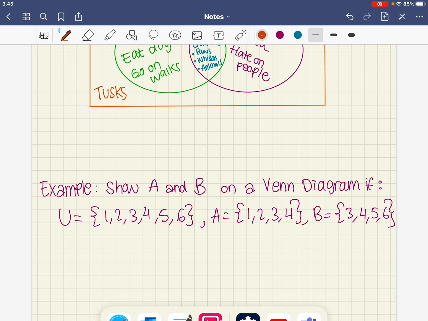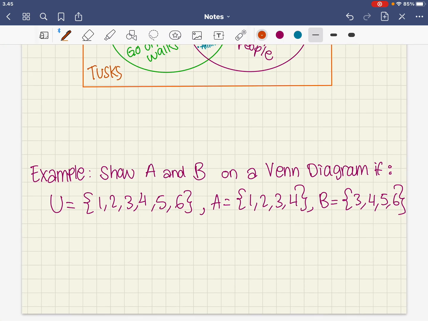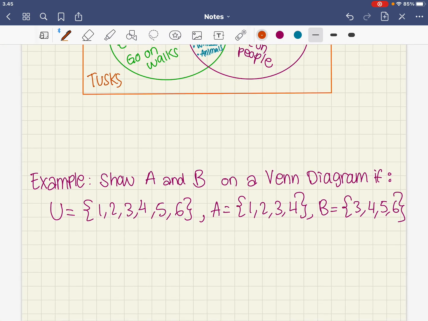Okay, so here it says show A and B on a Venn diagram if the universal set has 1, 2, 3, 4, 5, 6, and then A has 1, 2, 3, 4, B has 3, 4, 5, 6. So already I can tell that there's an overlap.